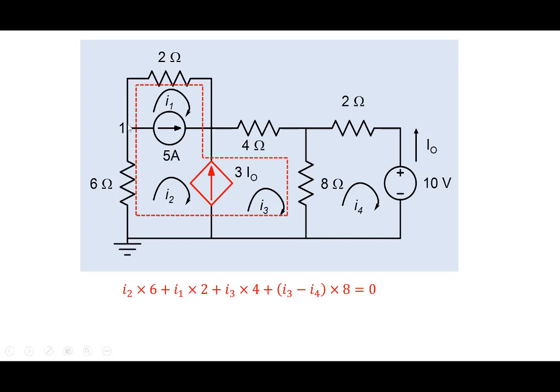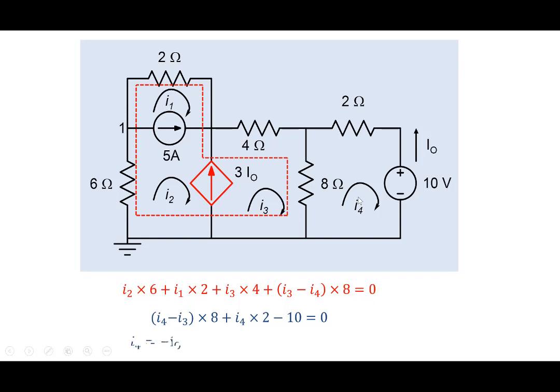So I2 into 6 here, then I1 into 2 here, then we go here, I3 into 4 here, then I3 minus I4. Note that this mesh is causing I3 and this is causing I4. So I3 minus I4 into 8, and we come back to ground. So that's for the super mesh here. And the other one is for this one here.